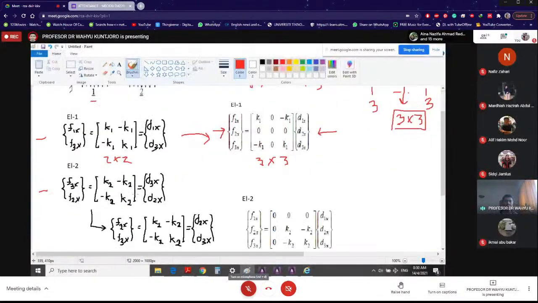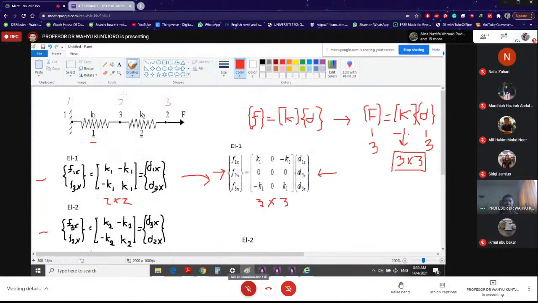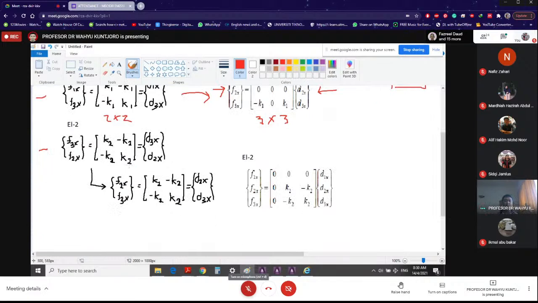Remember that element number 2 is 3, 2, 3, 2. That is the sequence of the nodes from 3 to 2. And then you are going to expand.